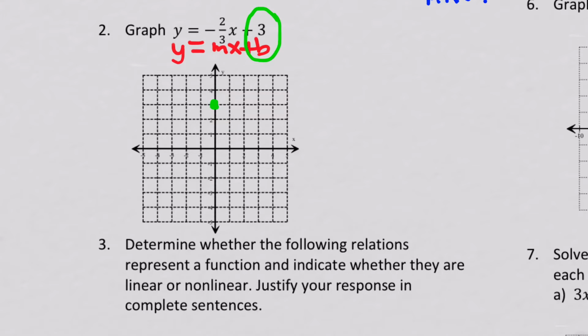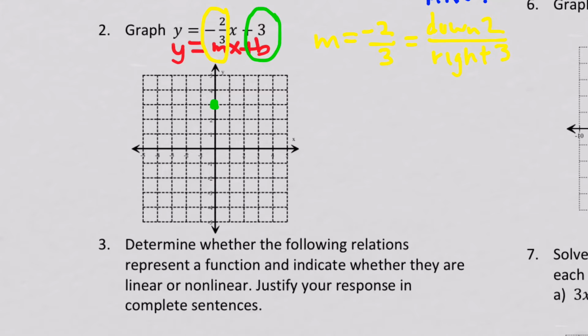I then want to apply my slope. Now my slope, in this case, is -2/3. So if I put it here on the side, -2/3, just to help us identify which way to draw this line, I'm going to put down the verbal description. So -2 means to go down twice, and then +3 means to go right 3 times.